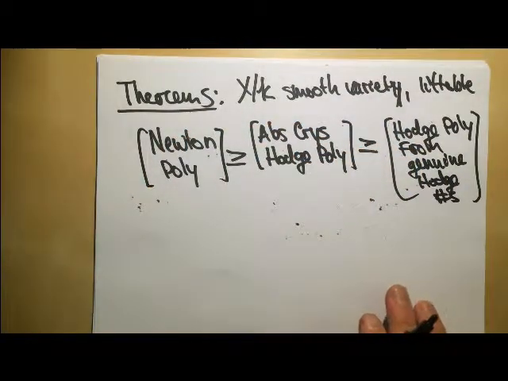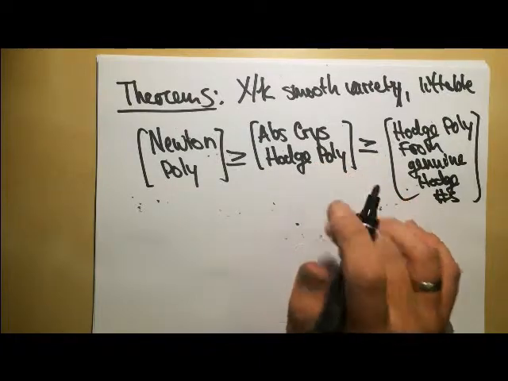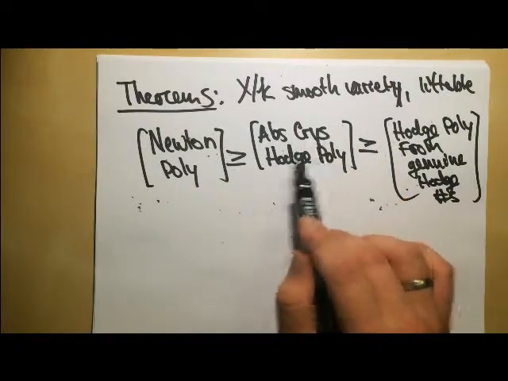Okay, so there's this crystalline Hodge polygon. This comes from the Hodge polygon of the crystals.